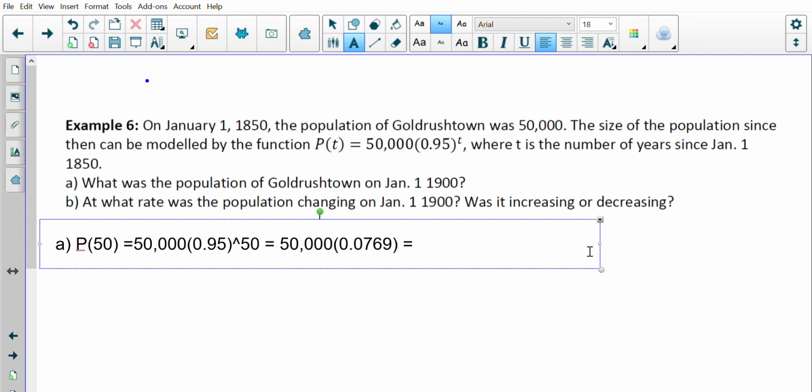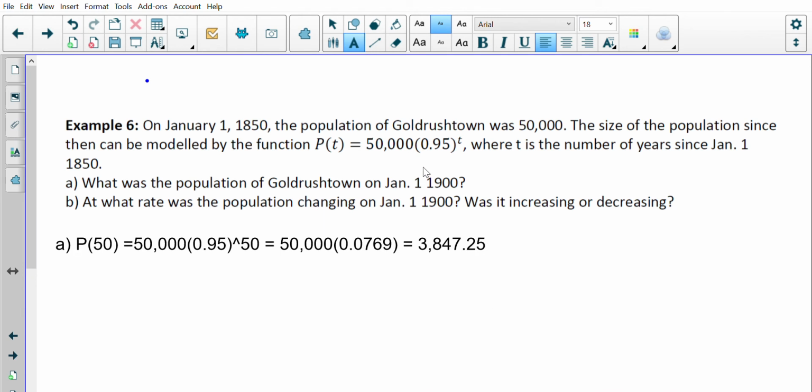Then I multiply those two numbers, and in 1900 there was projected to be 3,847.25 people. This equation would be an exponential decay equation, because our b value inside the brackets is less than 1, so the population is decreasing. But I guess we'll get to that in B.